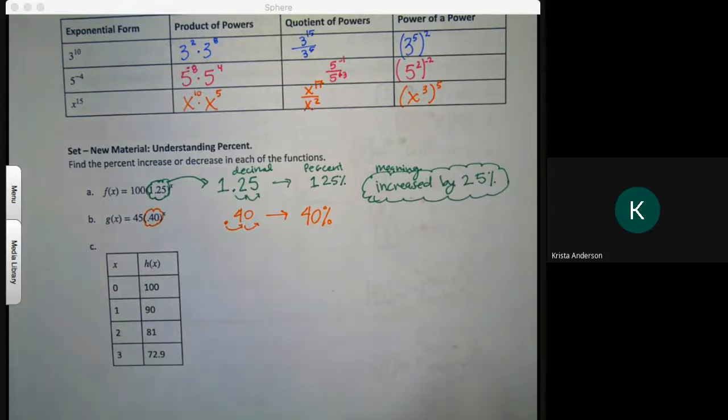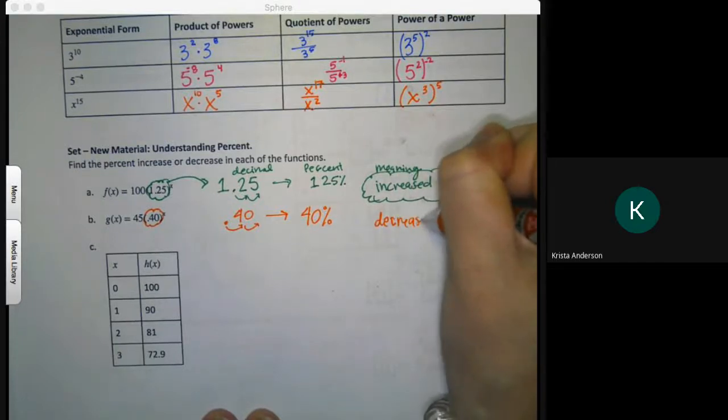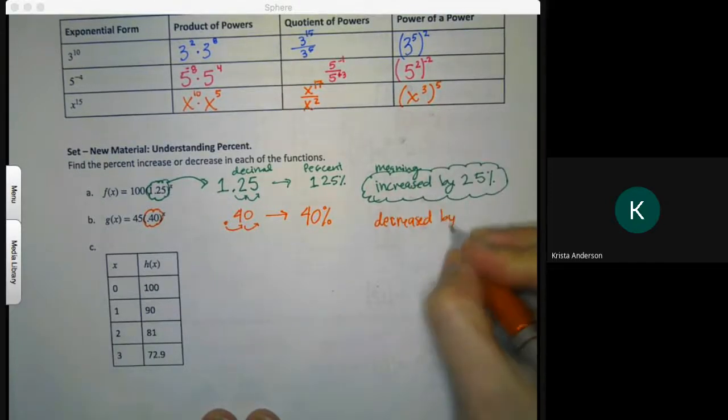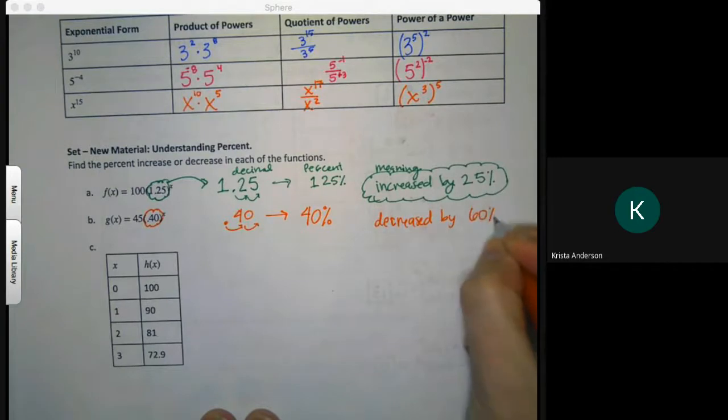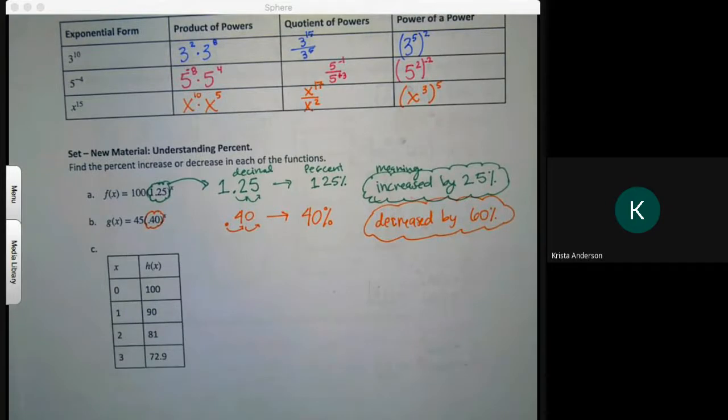Okay, I'm going to put decrease. How did it decrease by 60%? Does anybody know? 100 minus 40. To get to 100%, 60% is missing. So it decreased by 60%.